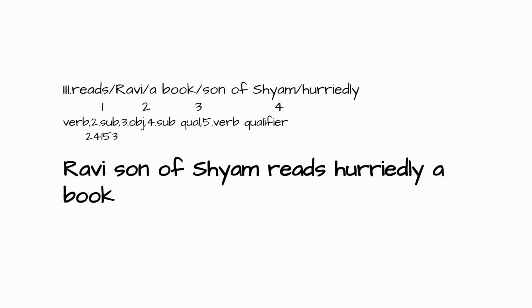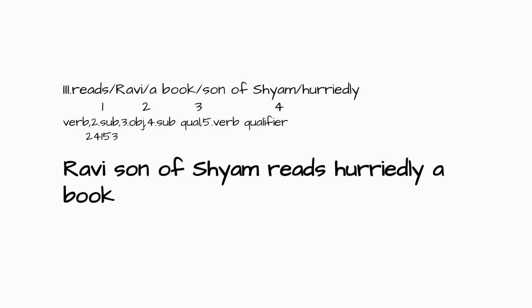So how to arrange this into a meaningful one? The rule is telling us, as I explained previously, that if there is a subject qualifier, then it should come immediately after the subject. Obviously, if there is a verb qualifier, then it should come immediately after the verb. Getting me?